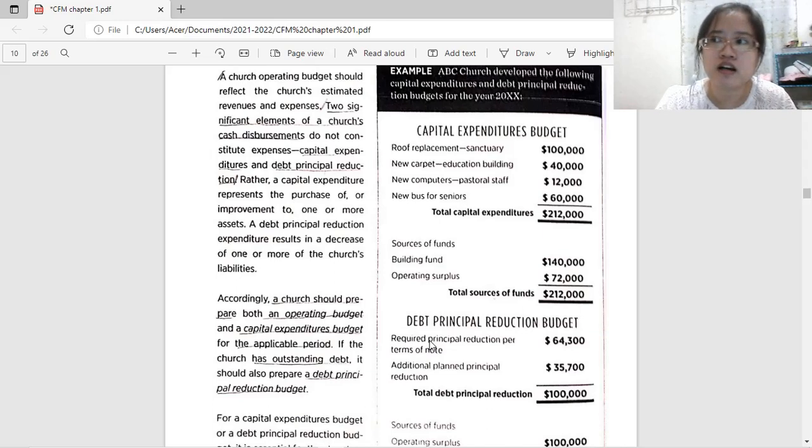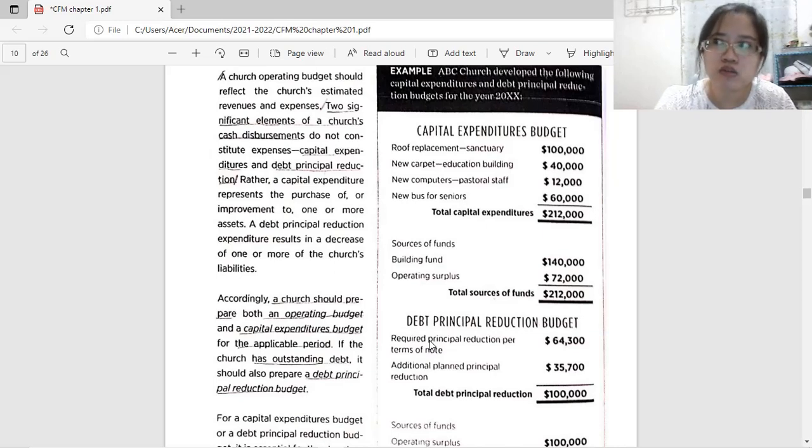For small churches or for new churches still developing or still growing, normally they try not to incur debts, or they try not to borrow money.